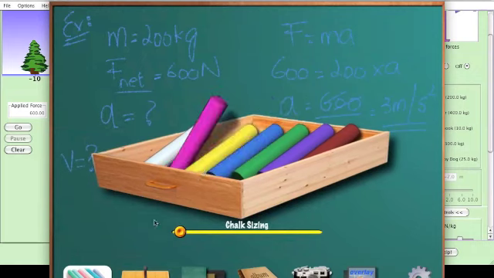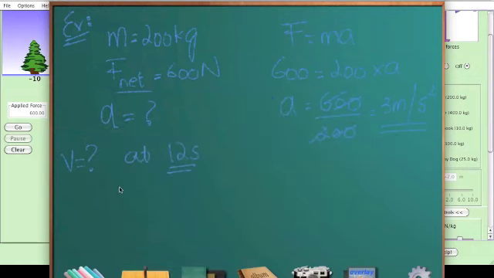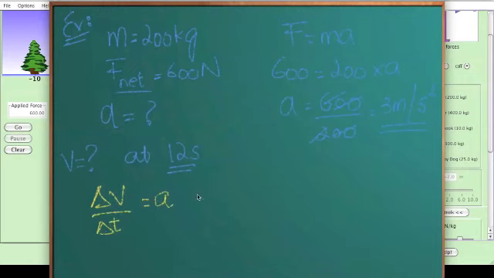There is only one relationship between acceleration and velocity, which is delta v over delta t equals acceleration, which means (v minus u) divided by t equals acceleration. That is, final velocity minus initial velocity, divided by time, equals acceleration.